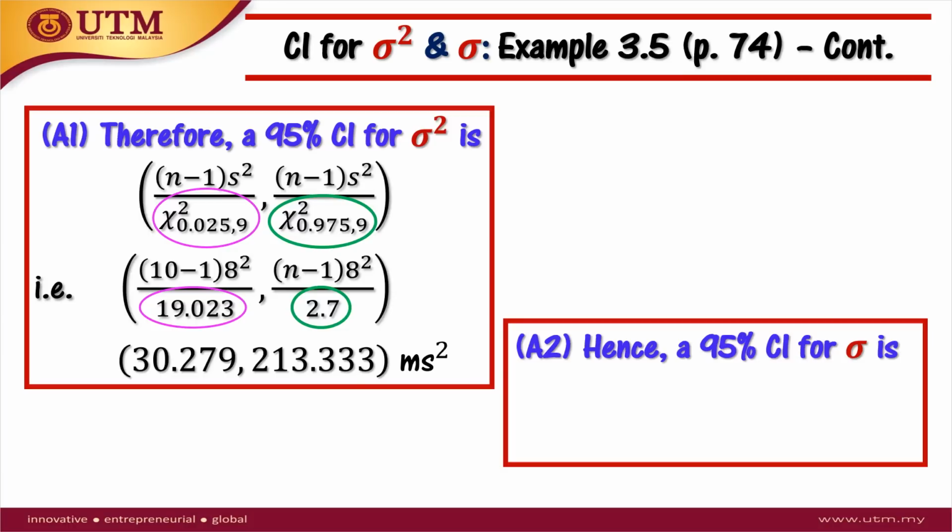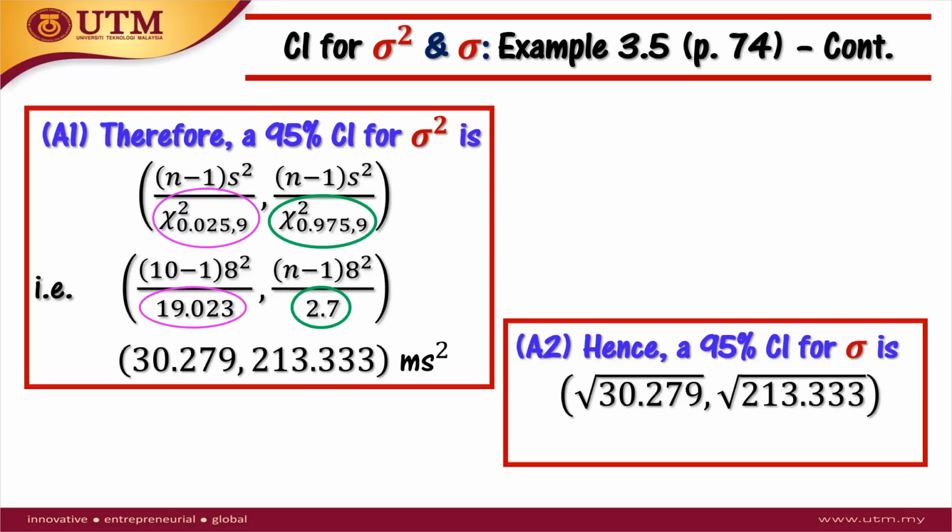That is to say that the 95% confidence interval for sigma is the square root of 30.279 and the square root of 213.333. So the 95% confidence interval for the population standard deviation of the response time is 5.503 and 14.606 milliseconds.